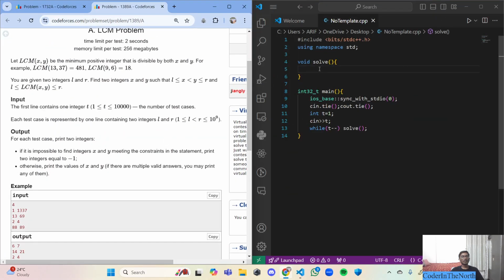I have numbers up to 10 raised to 9, so I can use int here.